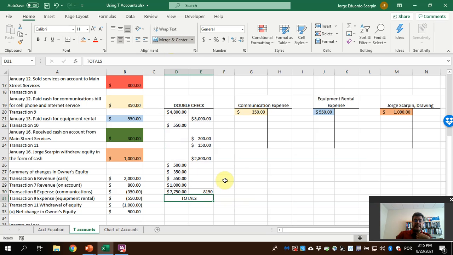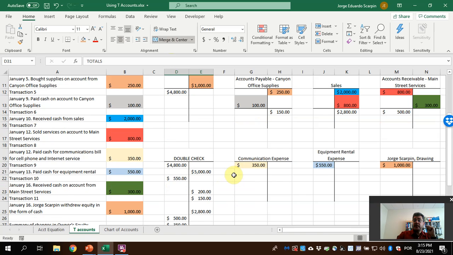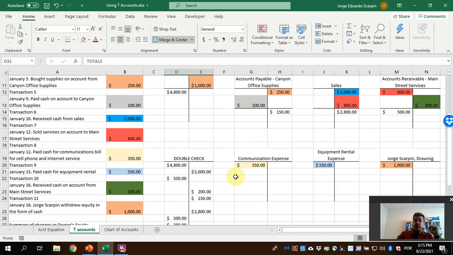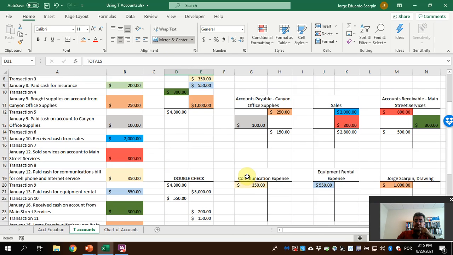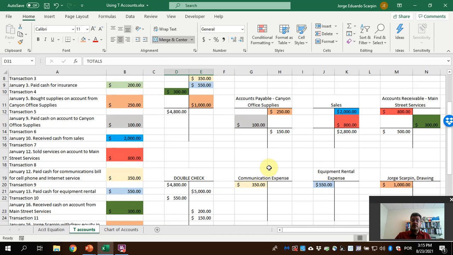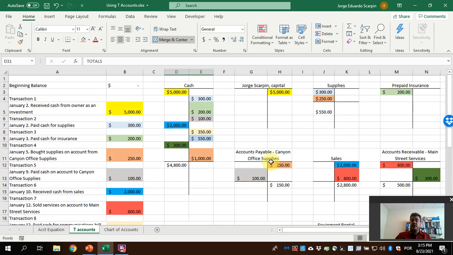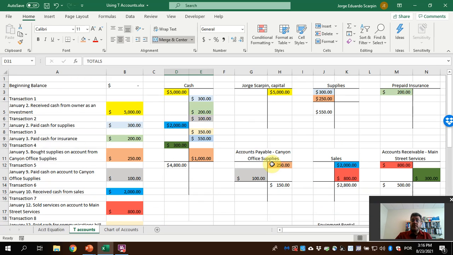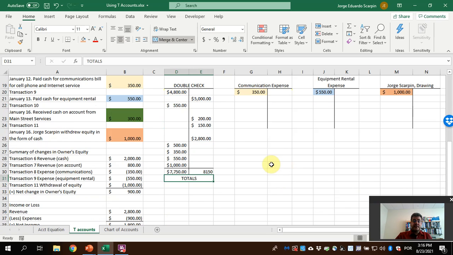These numbers, guys, they don't mean anything at all. Okay? However, they must match. If they don't match, we have some problems. For instance, here they are not matching.